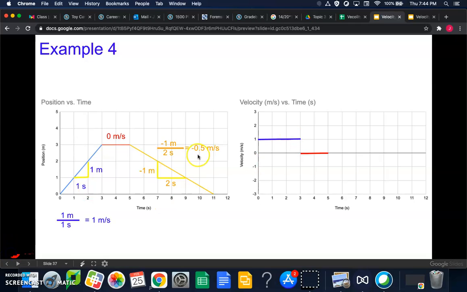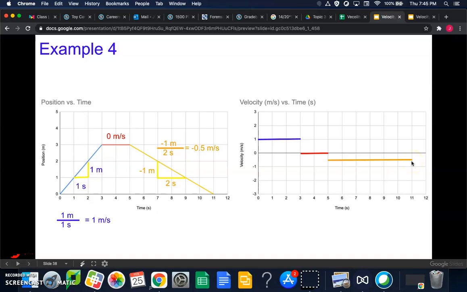Okay, sorry about that, there's a little typo there that I had to go fix. The slope is going to be -0.5 meters per second. And so then this segment goes from 5 to 11. So we will plot at -1/2 from 5 to 11.